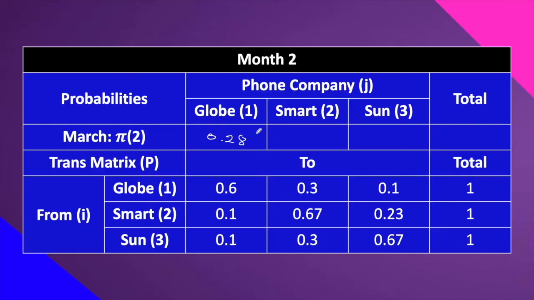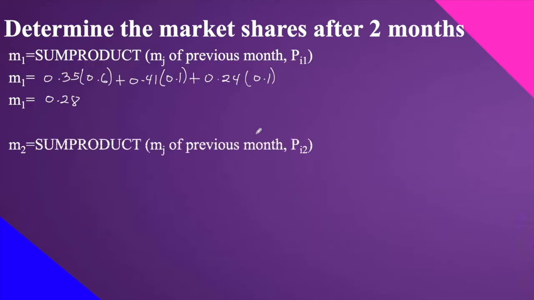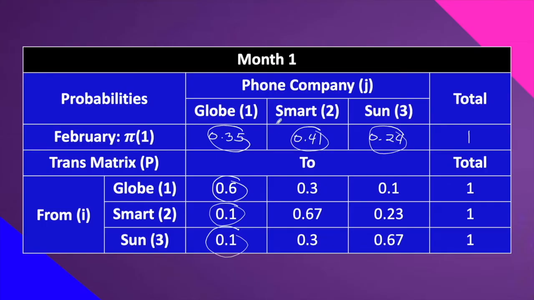Okay? So, next tayo. M sub 2, sum product of M sub J of the previous month and P sub I and 2. Nasaan po yun? Ito pa rin. Multiply dito sa pababa. That is 0.35 multiplied to 0.3.